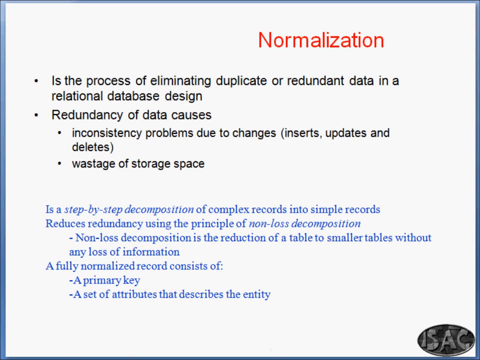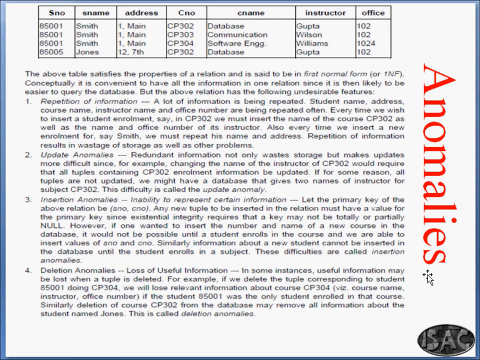Let us understand all these types of normalization. Before that, let us understand this first. Consider a table where you are maintaining student details and instructor details: instructor name, student name, student number, and some address.